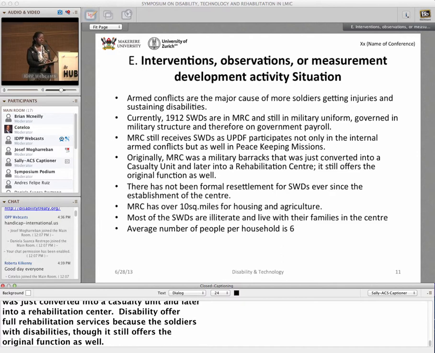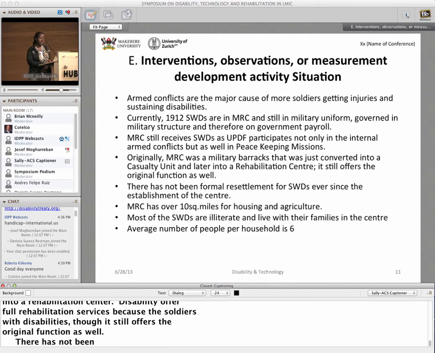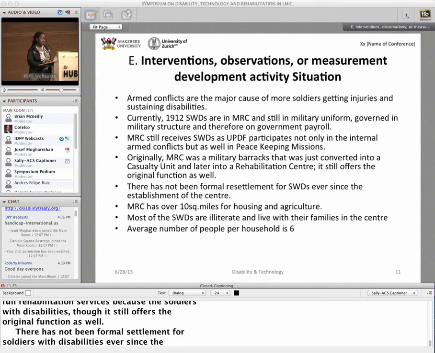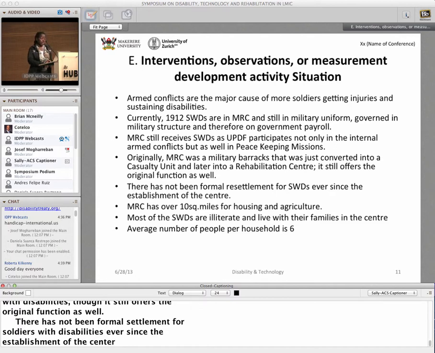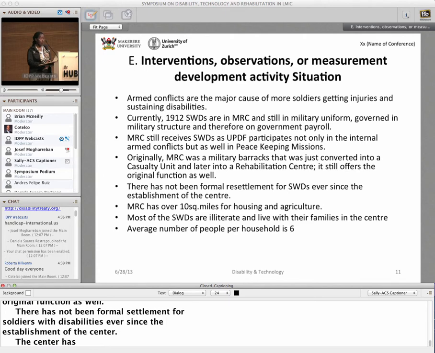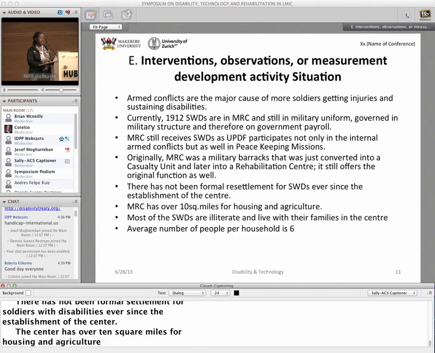There has not been formal settlement for soldiers with disabilities ever since the establishment of the center. The center has over 10 square miles for housing and agriculture. These are in different parts in the 4 sectors attached to it.